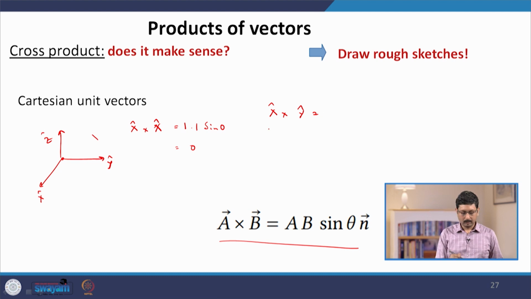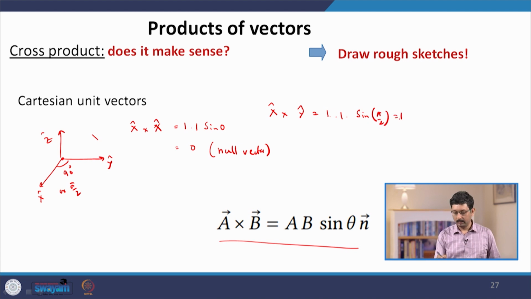The magnitude is 1 times the magnitude of y hat, which is 1, times the sine of the angle between x and y. The angle is 90 degrees or pi by 2, so sine pi by 2 is 1. So, the magnitude is 1.